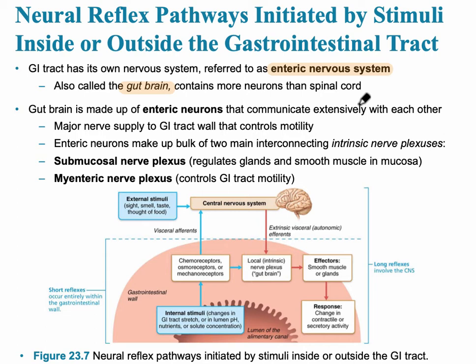The gut brain is made up of these enteric neurons, and it's the major nerve supply for the GI tract. Within this, there are a couple of different nerve plexuses. There is the submucosal nerve plexus, also called Meissner's nerve plexus. You may see the term Meissner's in some other textbooks. And then there's another nerve plexus, in the muscles, called the myenteric nerve plexus.